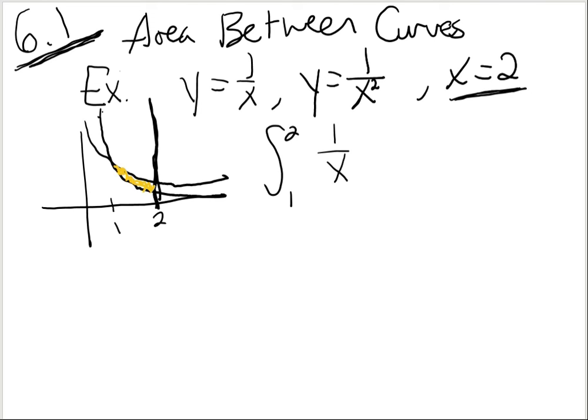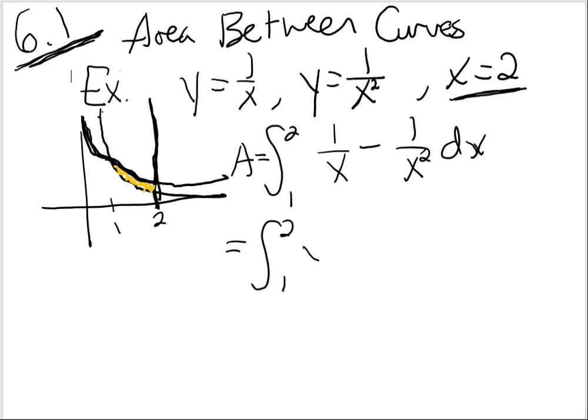You can verify that in calculator. 1 over x is on the bottom whenever you have an x less than 1, but for x greater than 1, it's on the top. And this is going to be our area. So that means 1 over x squared is on the bottom, so you subtract it. And I'm going to write this as x to the negative 1 minus x to the negative 2 dx.